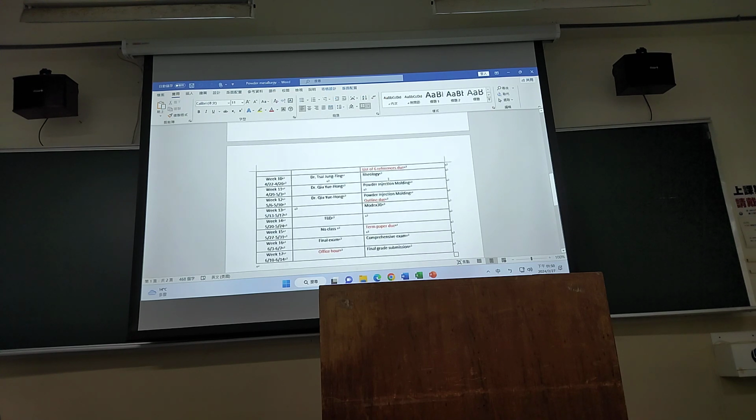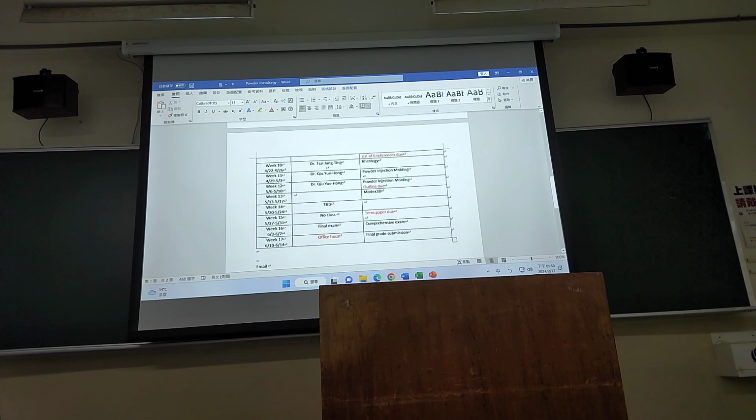And then the following week we'll talk a little bit about rheology, something to do with additive manufacturing, and again powder injection molding. And then the outline is due. The outline is basically the bone structure of your term paper. When you read a paper, I believe everybody has already encountered reading papers, especially the graduate students, right?